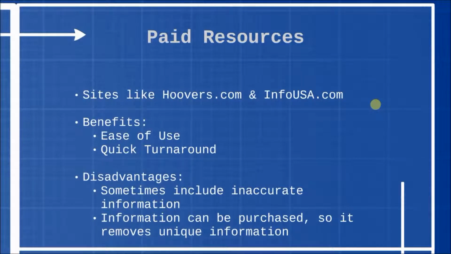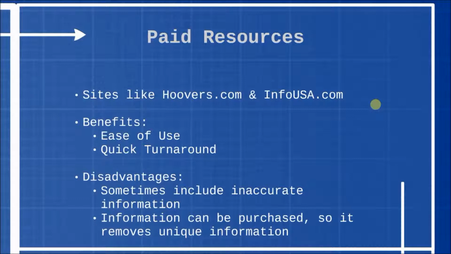Now this might be sites like hoovers.com or infousa.com, and even Wanted Analytics does some of this. The benefit is that you get great ease of use. It's really fast, you get a quick turnaround, and there's no hassle to go in, put in some industry information, and pull a list. The disadvantage to these sites, even though I use them for some searches, is that sometimes they include inaccurate or outdated information, so they still need to be vetted.